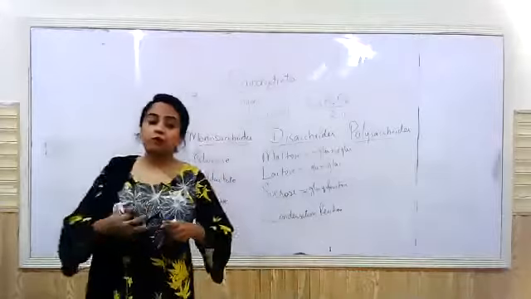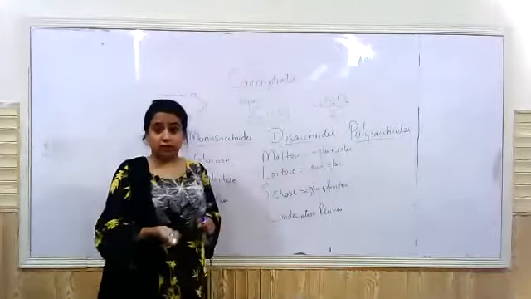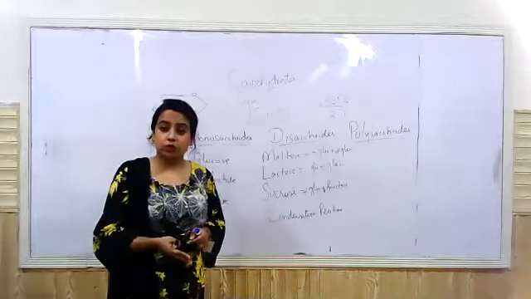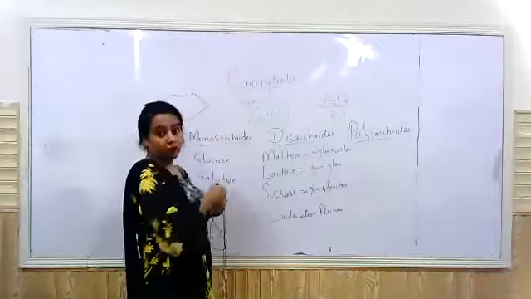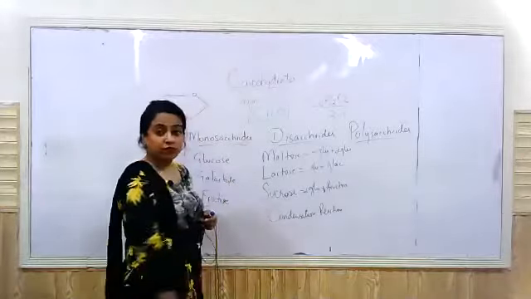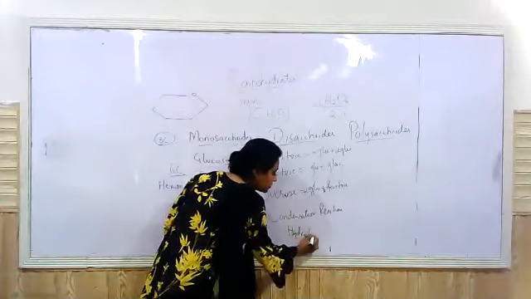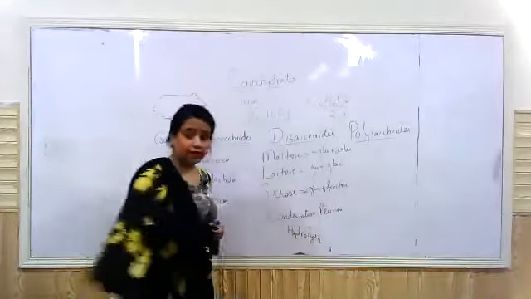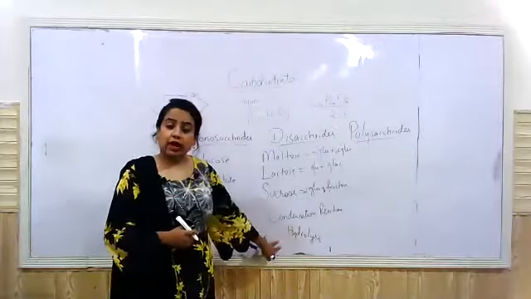That is, by the removal of a water molecule, these two molecules can form links, right? And by adding the same water molecule, they can be broken down back to their monosaccharide form. And the reverse reaction of condensation is termed as hydrolysis, right? So two kinds of reactions, condensation and hydrolysis.